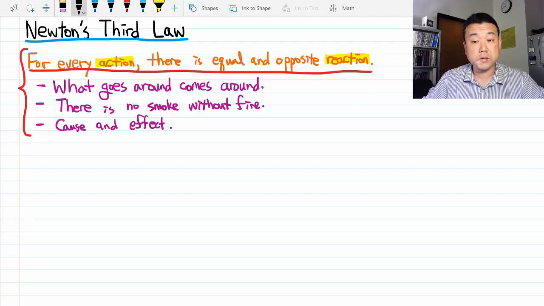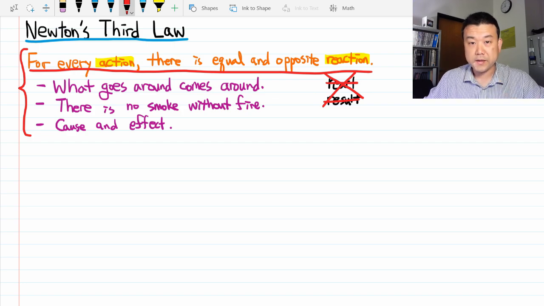You hear the word reaction and you think of the verb react, which makes you think the reaction is a result of the action. And I'm here to tell you that all these implications are false. None of these are meant when someone says, for every action there is an equal and opposite reaction.